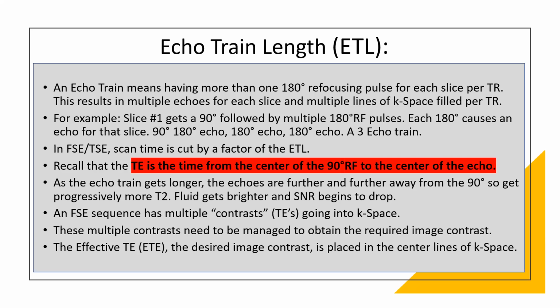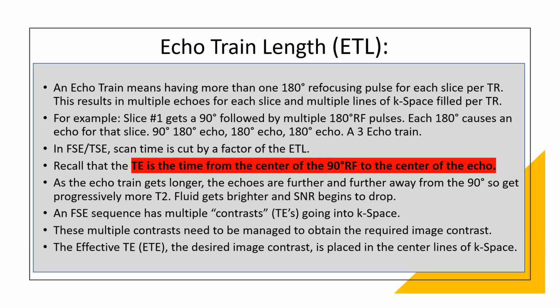And that's something called the effective TE, which I'm not going to cover right now. But when I hit pulse sequences after our break, we're going to talk about effective TE and how important effective TE is. Just as an appetizer, the effective TE is the desired image contrast, and it goes into the center of K space.